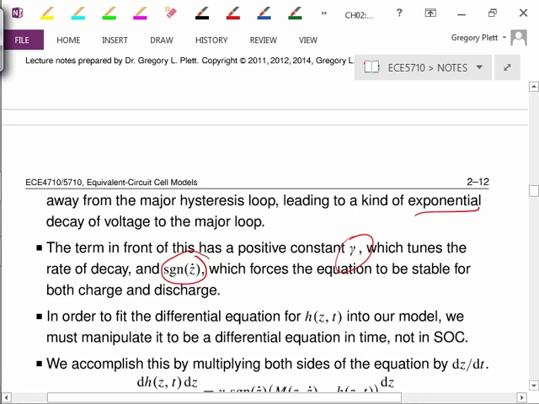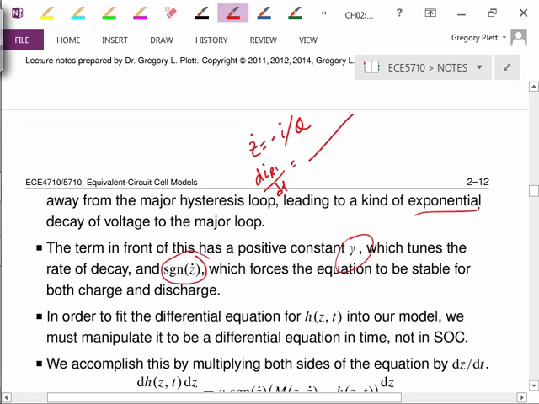In our model equations so far, we have had some differential equations. We had the z dot equation, equals minus I over q, which is the derivative of z with respect to time. And we've had the dir1 by dt equation, which is also a derivative with respect to time.